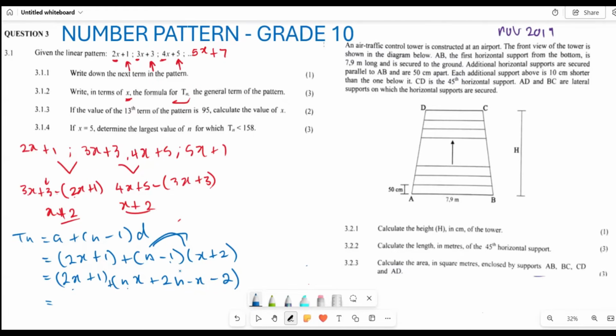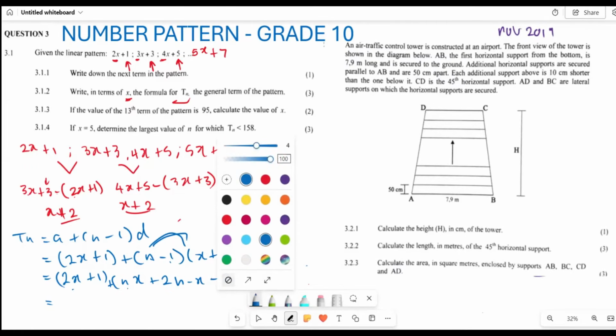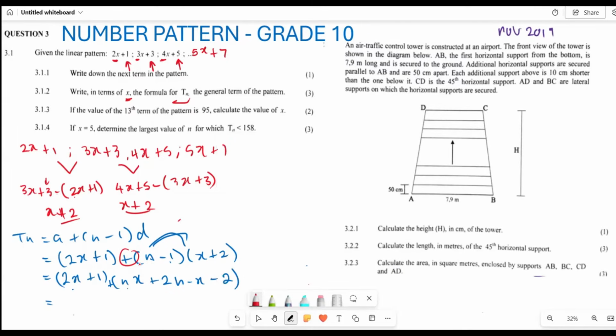This is not multiplication, but plus, because of the plus there. So this is the same as 2x plus 1 plus nx plus 2n minus x minus 2. Then here you collect your like terms.